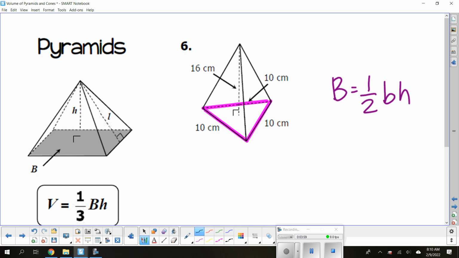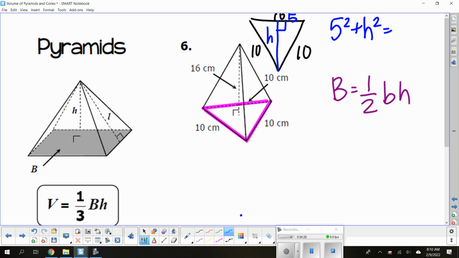So if I draw this equilateral triangle, I want the height. I'm going to be dealing with 5 here, 10, and then trying to find the height. Again, because I'm cutting that triangle in half to make the right triangle out of the equilateral. So 5 squared plus h squared equals 10 squared.